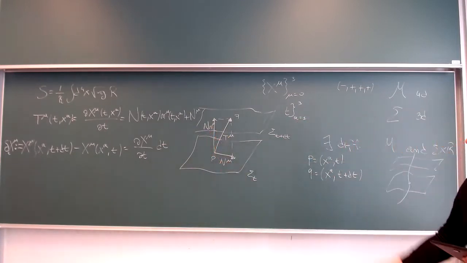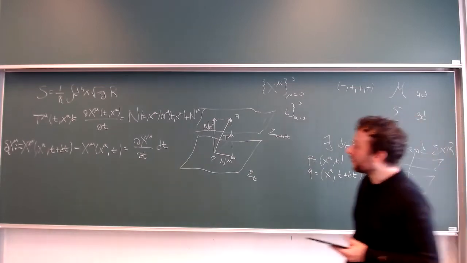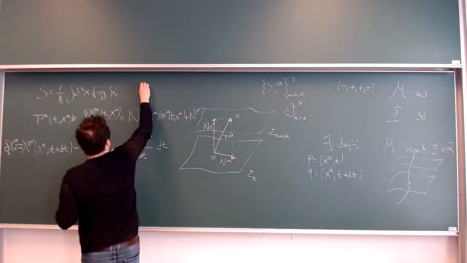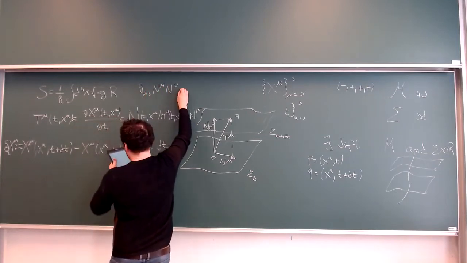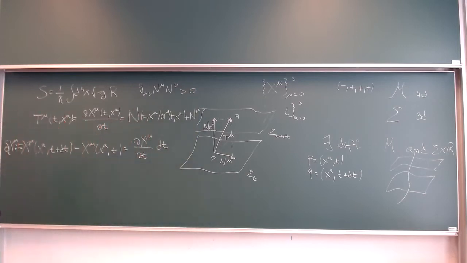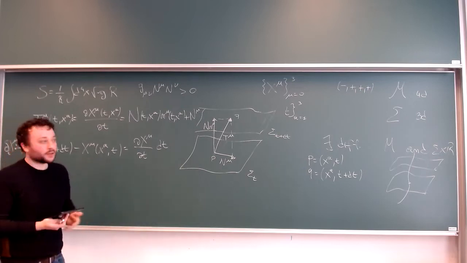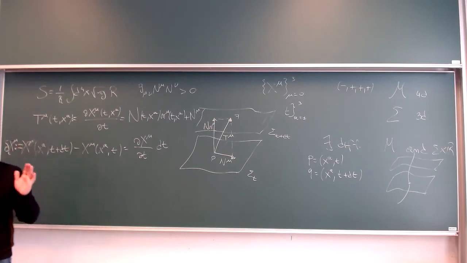Then n^mu is orthonormal, as I said, and also g_mu nu n^mu n^nu is bigger than 0, which means that it's space-like. Okay, so in this way we have a good way to define space-like and time-like tensors, whatever.